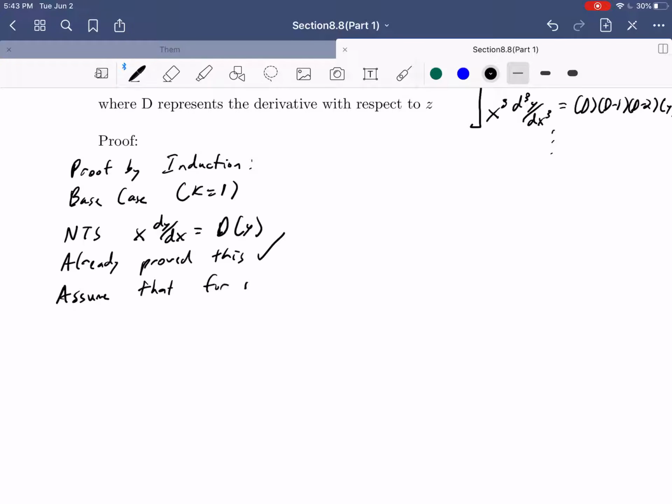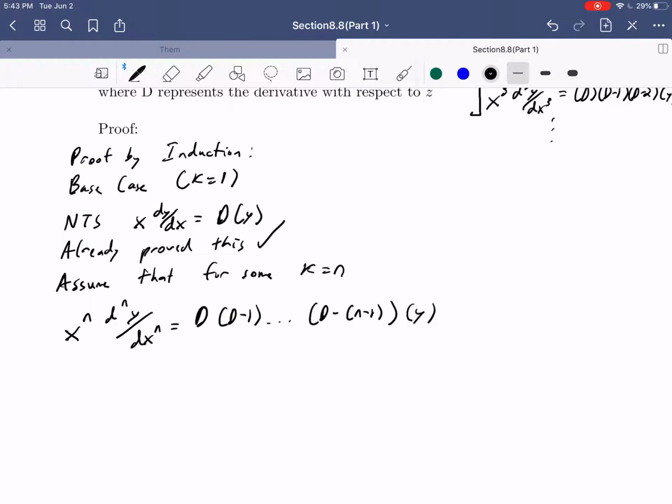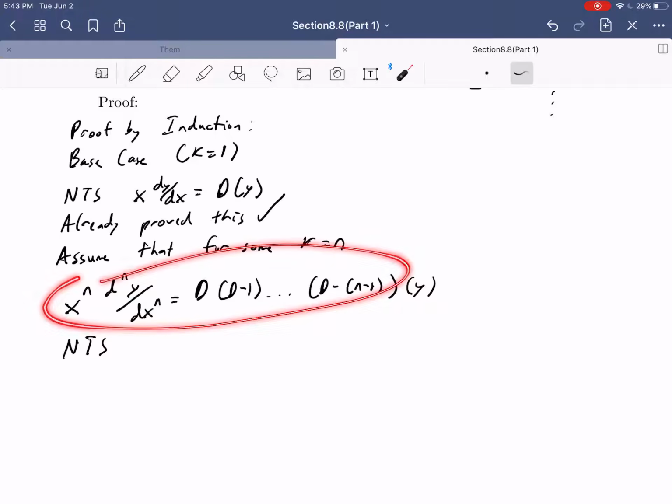All right, now we're going to assume that for some k equals n, x to the nth times the nth derivative of y with respect to x is (d minus 1) down to (d minus n plus 1) of y. And what do we need to show? We need to show that this will hold for the next step.